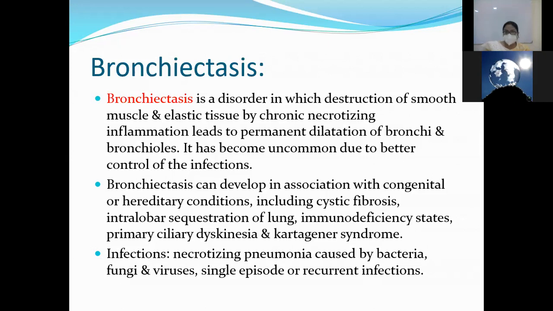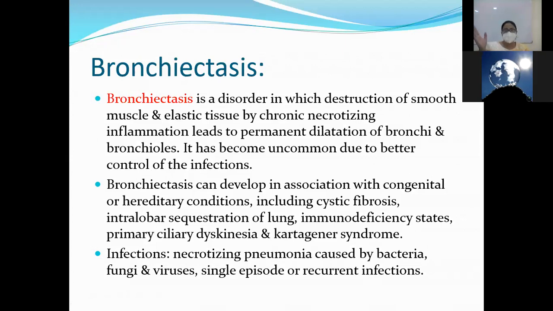Bronchiectasis can develop in association with congenital or hereditary conditions, including cystic fibrosis, intralobar sequestration of lung, immunodeficiency states, primary ciliary dyskinesia, and Kartagener syndrome. Beta, this is frequently asked in your MCQs: bronchiectasis is associated with which one of the following conditions.